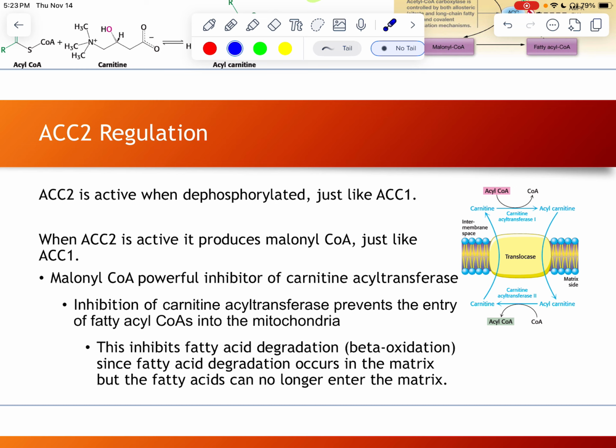So if you think about this, when we activate ACC1, it can make malonyl-CoA, and now it can go on and synthesize fatty acids. When we activate ACC2, which will be at all the same times, we make malonyl-CoA, but that stops fatty acid degradation. This is what we want: when one's going, we don't want the other one going.